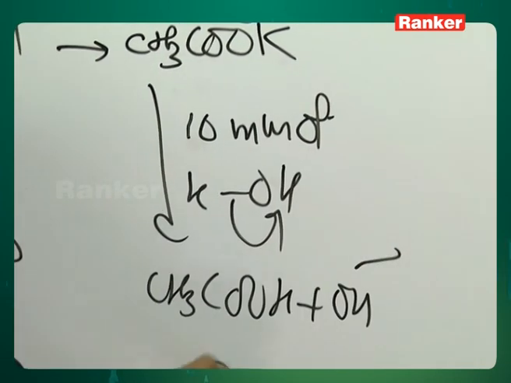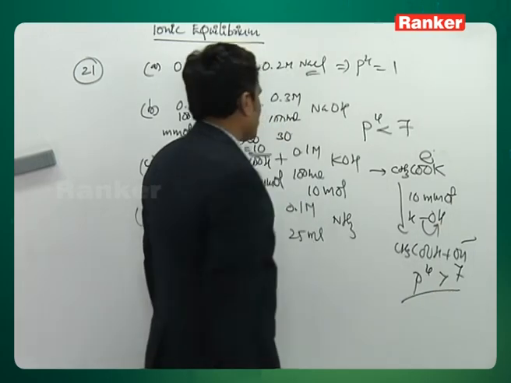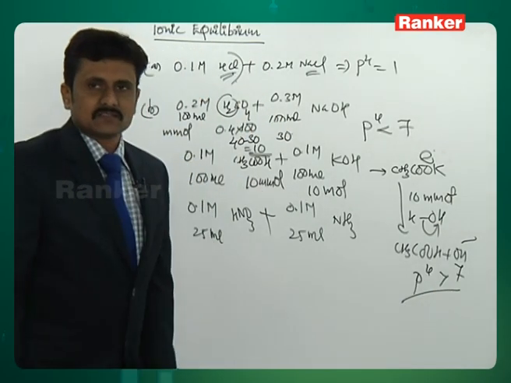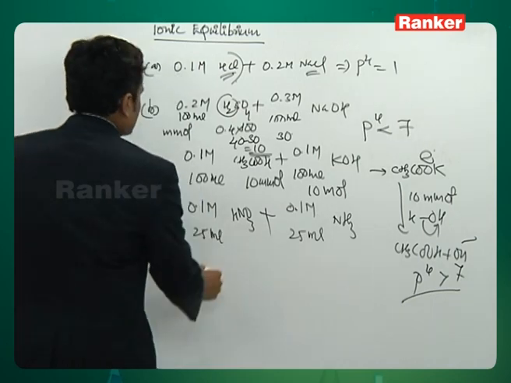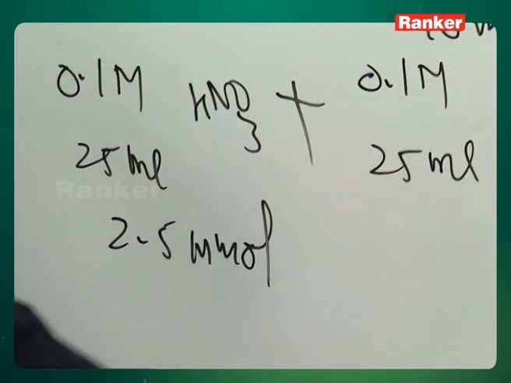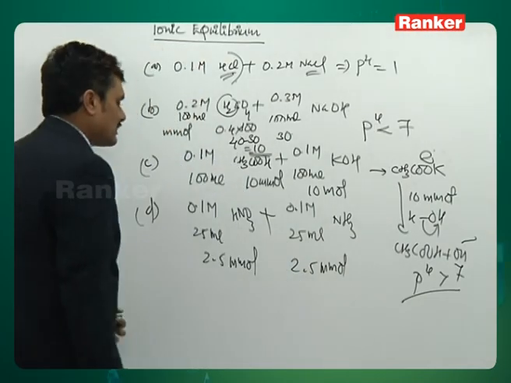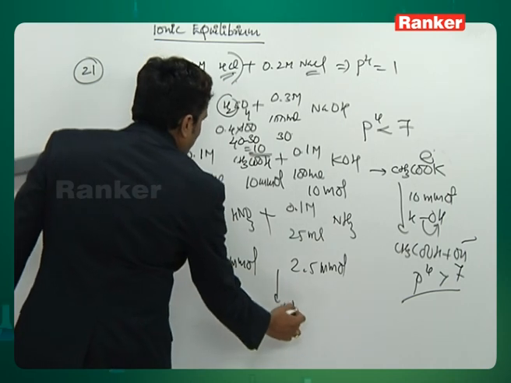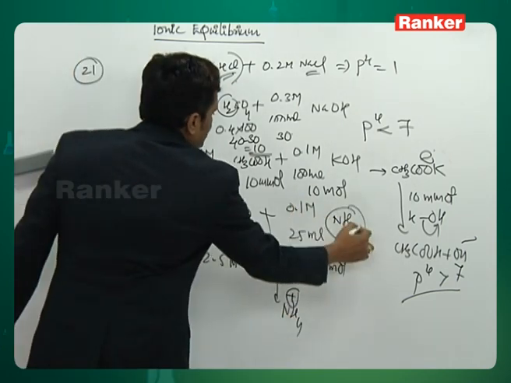As we know that these OH minus ions are produced, the pH is going to be obviously greater than 7. Now verifying this last option, we can see here 2.5 millimole of HNO3 and 2.5 millimole of ammonia are reacting to give you ammonium, which is the conjugate acid of ammonia, which is a weak base.